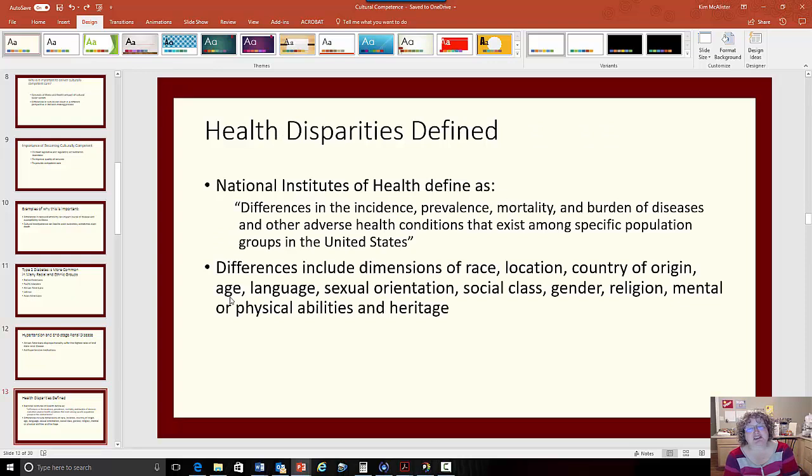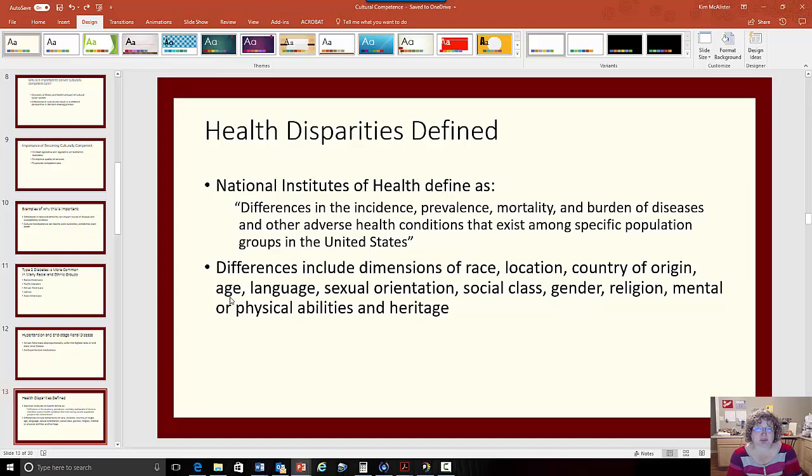So the National Institutes of Health defines health disparities as the difference in the incidence, prevalence, mortality, and burden of disease and other adverse health conditions that exist among specific population groups in the United States. These differences include dimensions of race, location, country of origin, age, language, sexual orientation, social class, gender, religion, mental or physical abilities, and heritage.